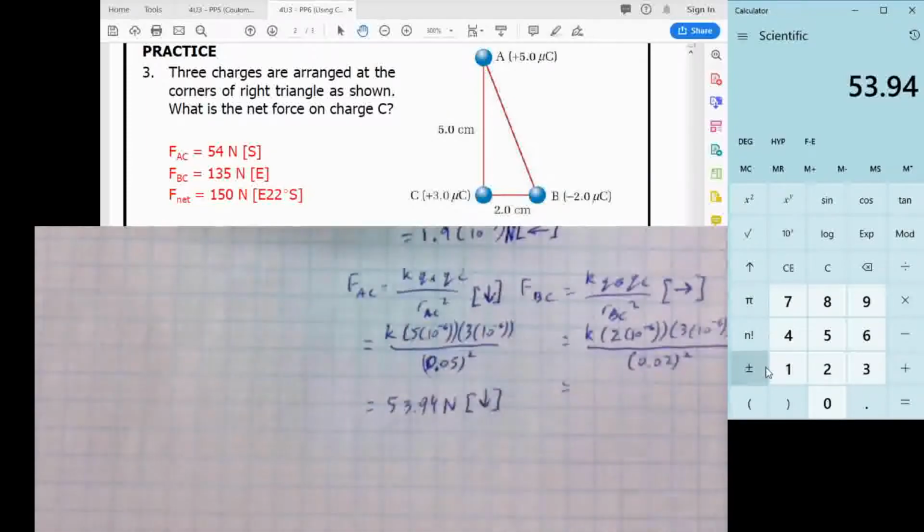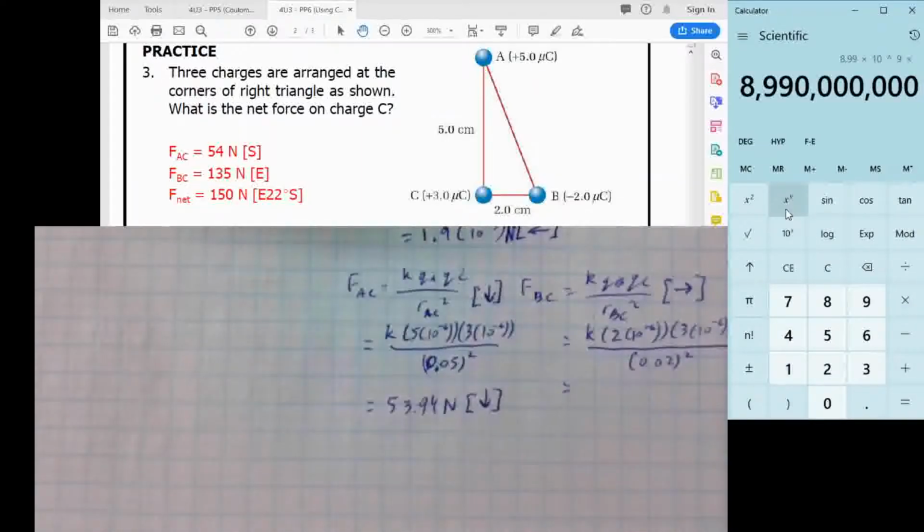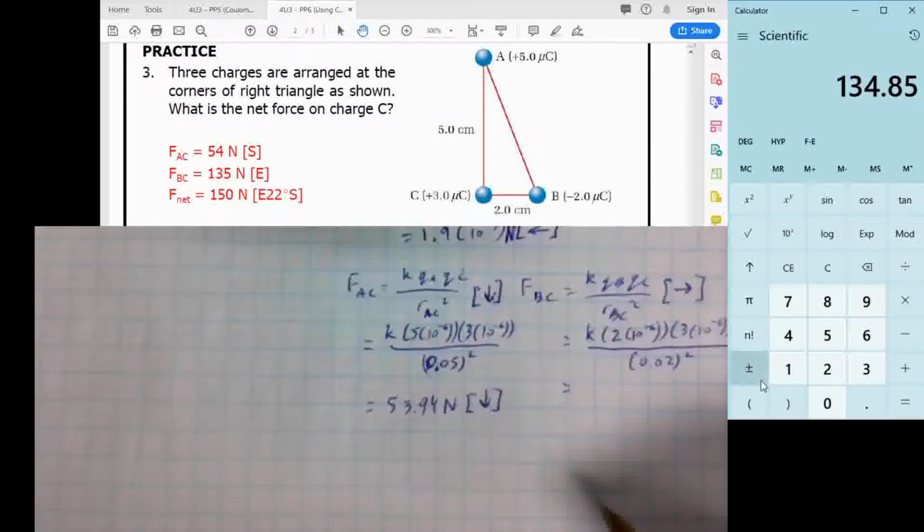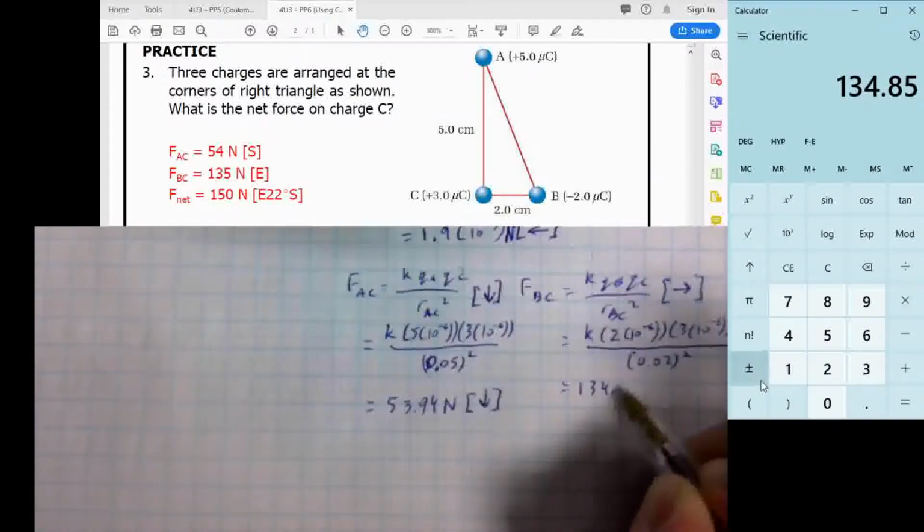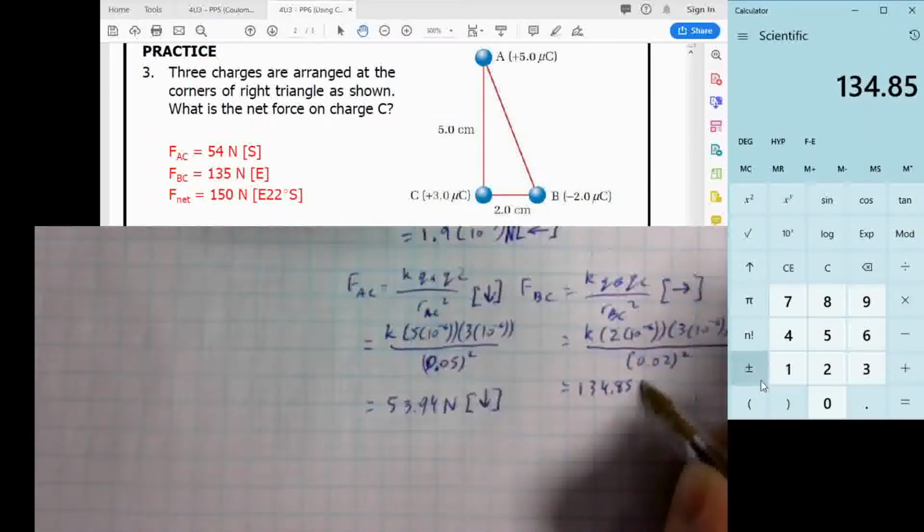On the other side, I have 8.99 times 10 to the power of 9 times 2 times 3 times 10 to the power of negative 12 divided by 0.02 squared. And here I have 134.85 newtons. This will be going to the right.